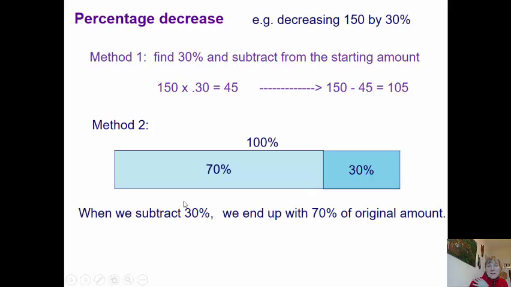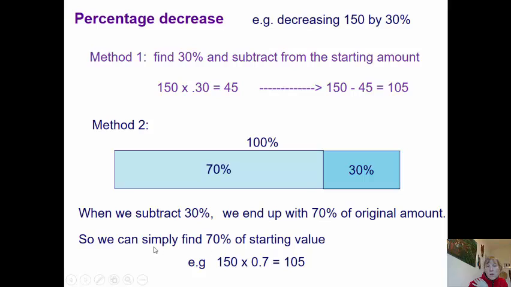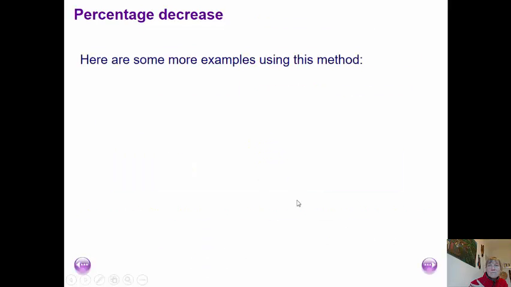The other method is to note that if we subtract 30%, what we end up with is 70% of the original. So if we simply find 70% of the original, that's the same as subtracting 30%. So we get the same value. So 150 times 70% is 105.